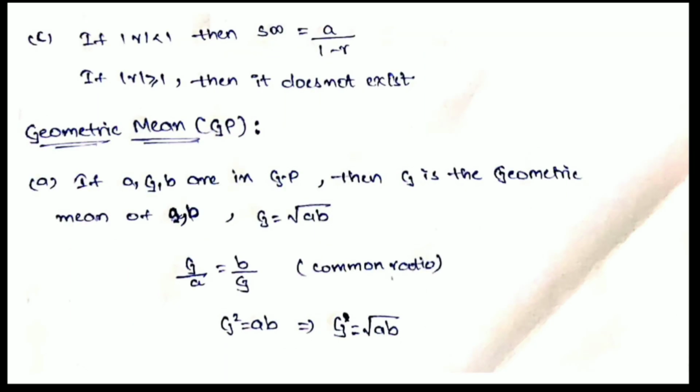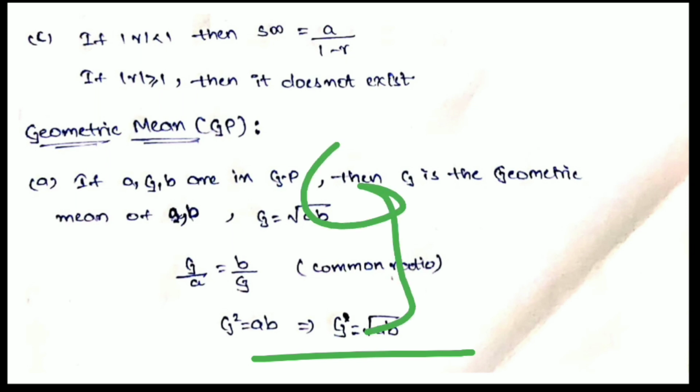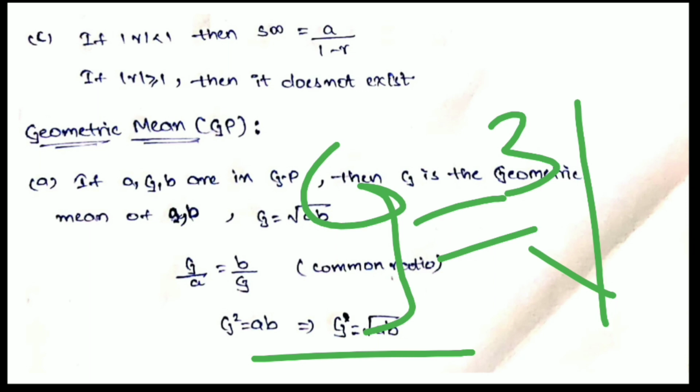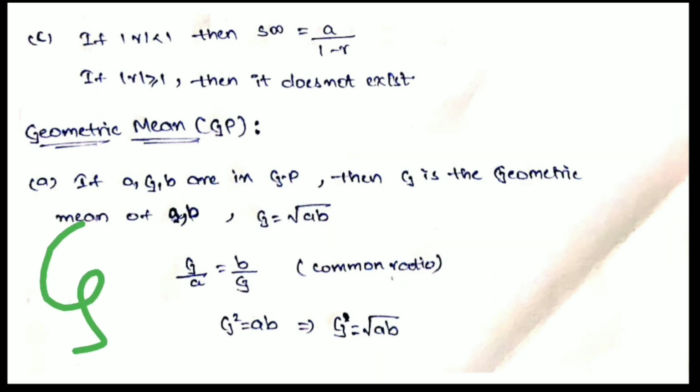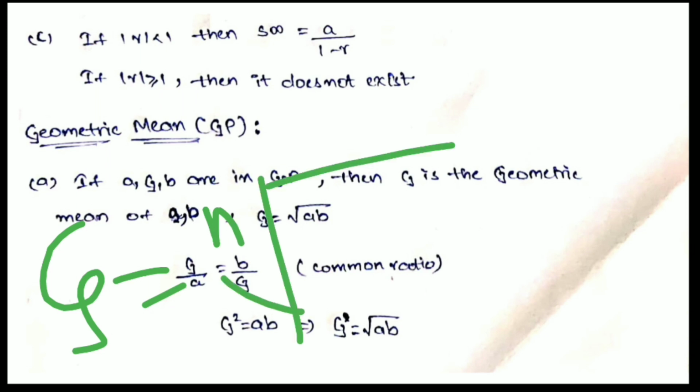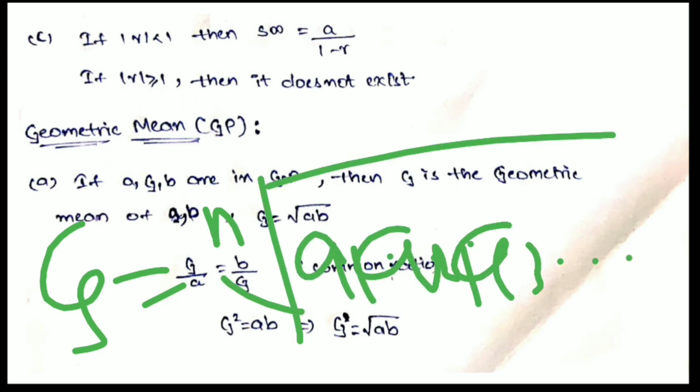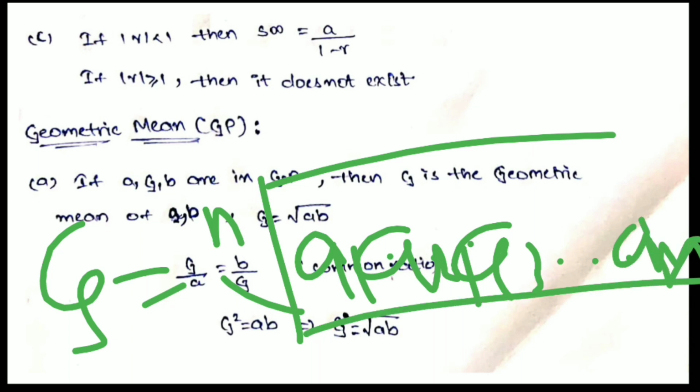Here we have two numbers, so we are taking the root of AB. If you have three numbers, for the geometric mean we'll take the cube root of a, b, c. In general, if you have n numbers a1, a2, a3, and so on, an, we multiply all these and take the nth root. This is the geometric mean of n numbers.